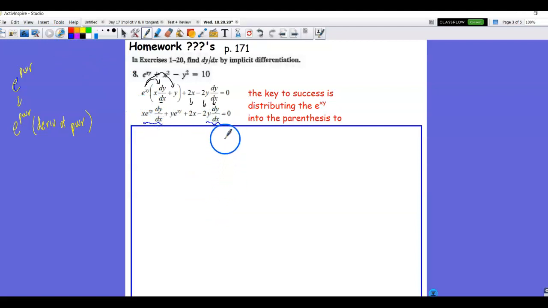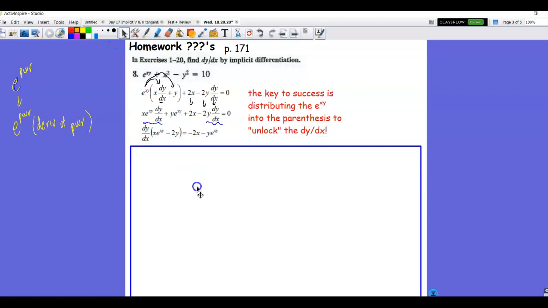So I'm going to keep the non-dy dx terms on the left-hand side and add or subtract the dy dx terms to the right-hand side, or I did it reverse of that. So I kept the dy dx terms on the left side, and I added or subtracted the non. So the 2x, there you go. So the 2x got subtracted to the left-hand side, and the y e to the xy got subtracted to the left-hand side.